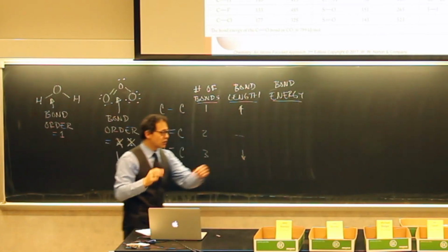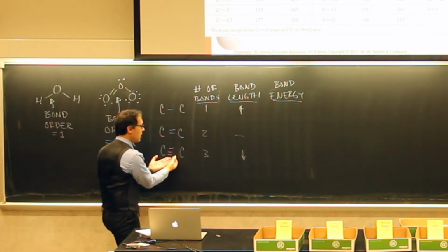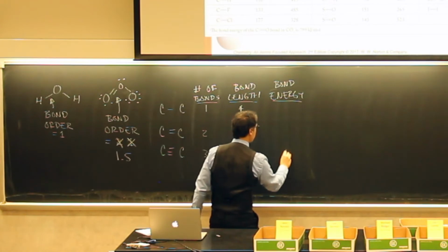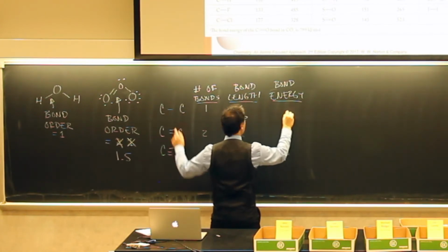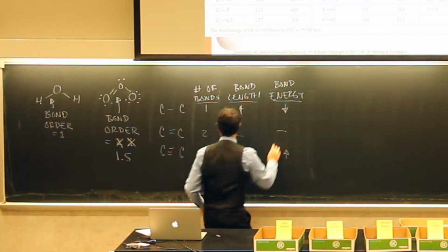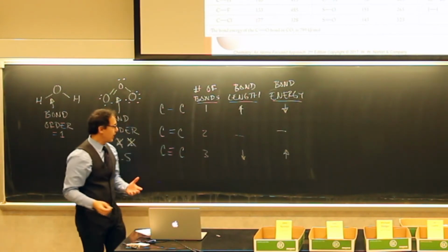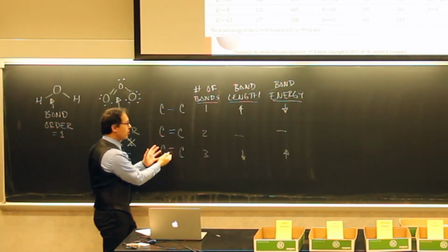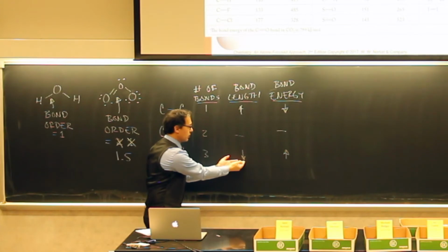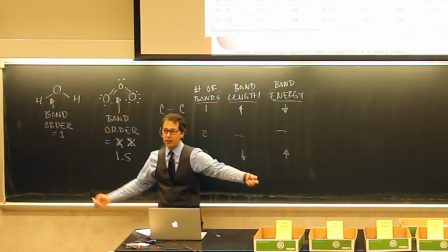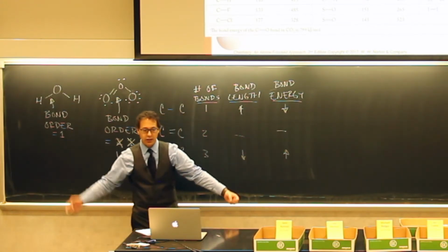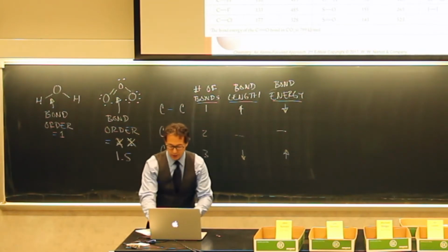That's the amount of energy it takes to pull them apart. And so if we have 3 bonds here, a triple bond order is 3, that's a lot of energy. 1 bond is less energy. Okay, so that's kind of the trend. Think like rubber bands. 3 rubber bands are going to pull it really close together and be hard to break them apart. All right, Carter, you're never going to forget this.